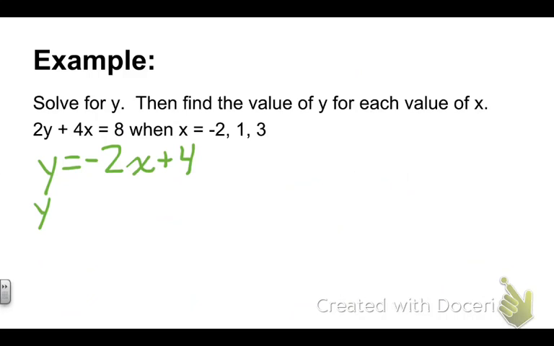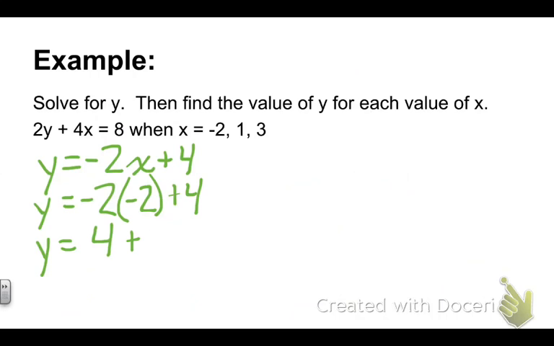So all we're doing is substituting what we started off the year doing. So negative 2 times negative 2 is, careful, positive 4 plus 4. So y is 8. So when x is negative 2, y is going to be 8.